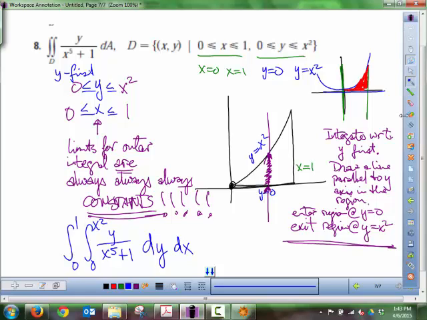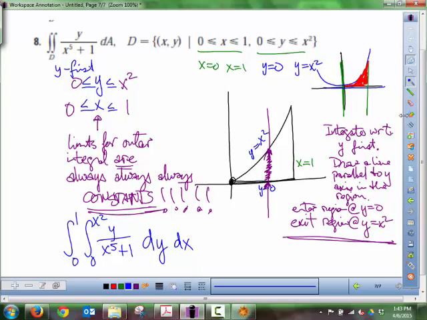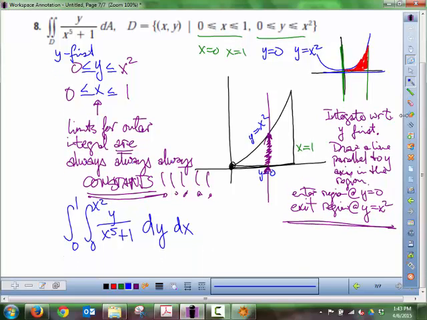How did you do it the other way? You just plug in like 1 for x squared? Yeah, if for some reason you decide you want to do it the other way, let's see how that's going to look like.